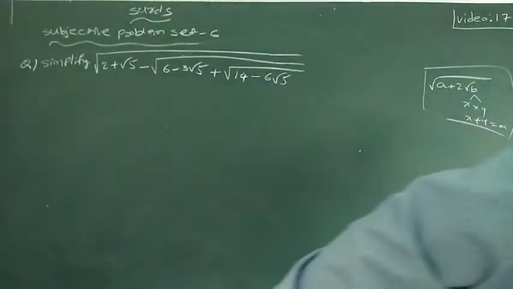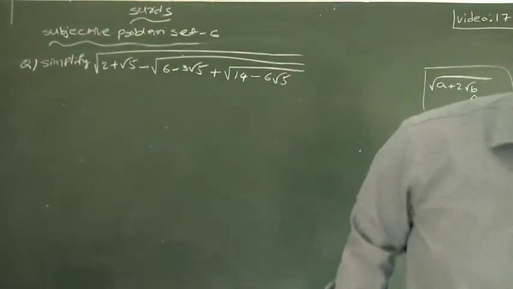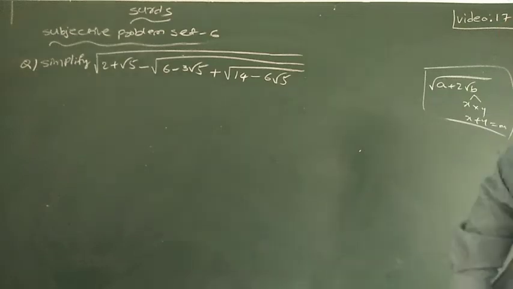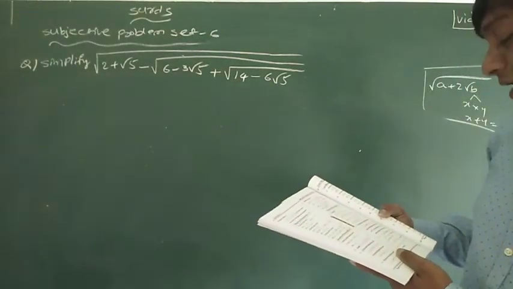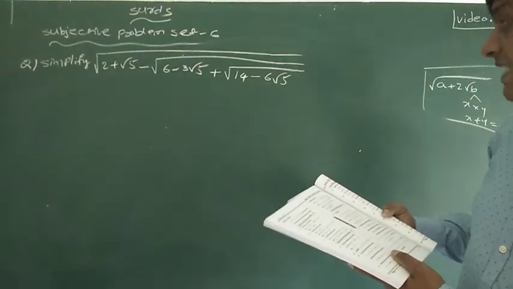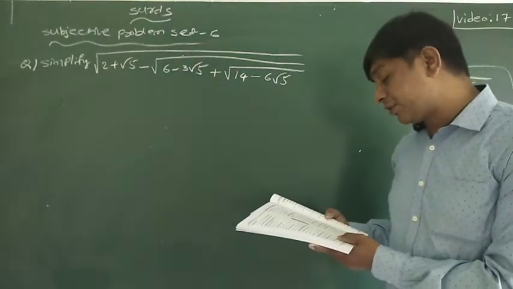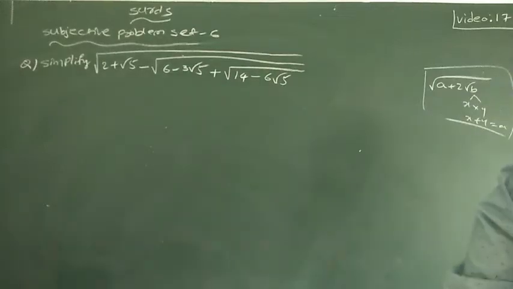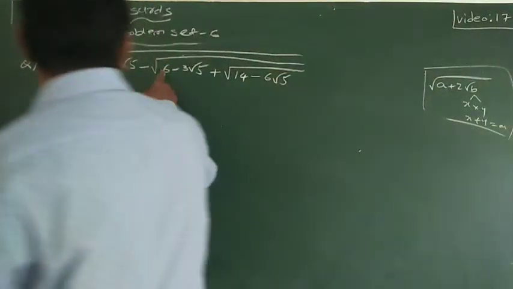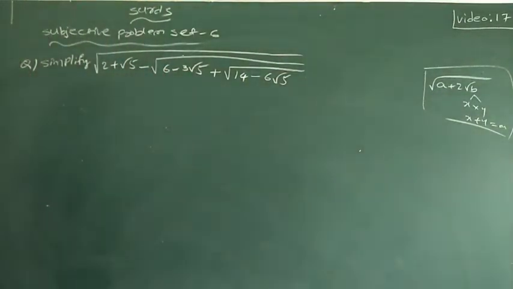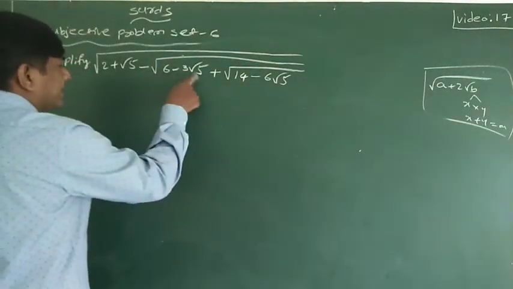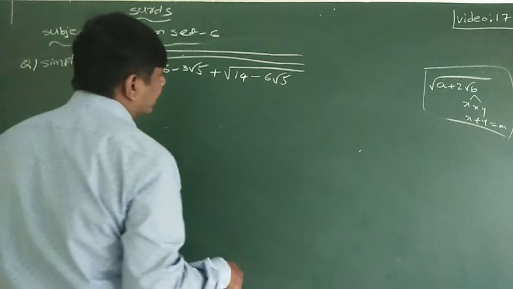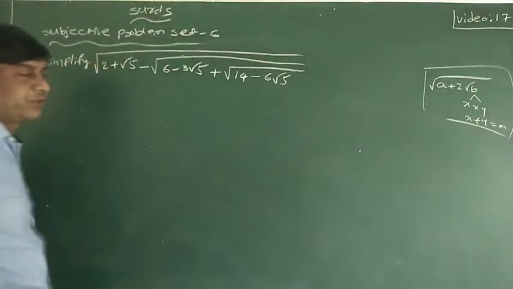There is a little bit of correction here: square root of this whole square root, 6 minus 3 root 5 plus 14, square root of 14 minus 6 root 5.